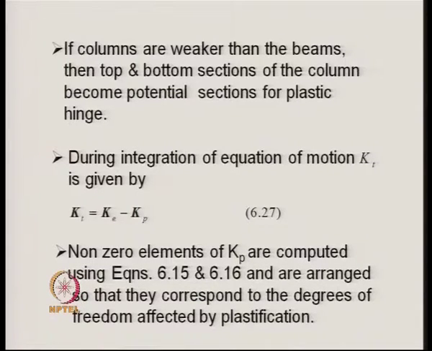In that case, the method that we described before for a single story 3-dimensional frame is extended, and the transient stiffness matrix Kt is obtained as Ke minus Kp if any section of the column is yielding during the increment of loading.